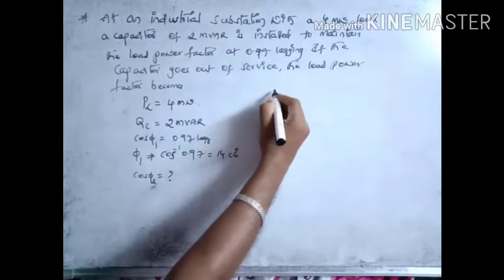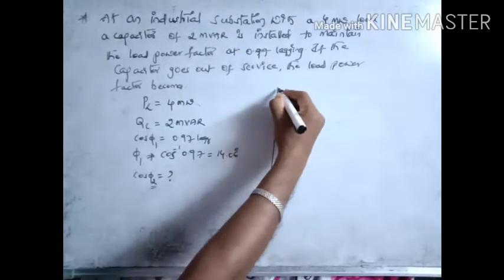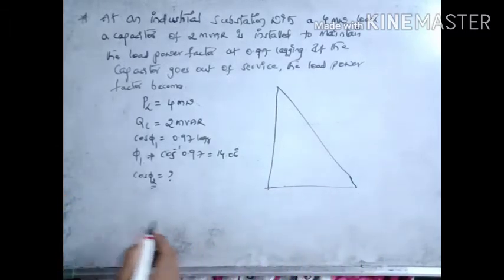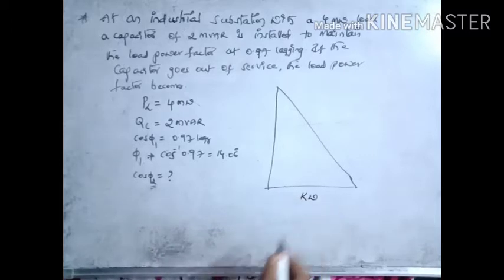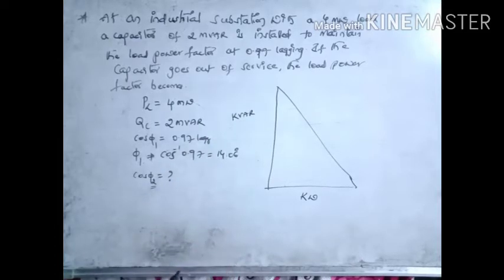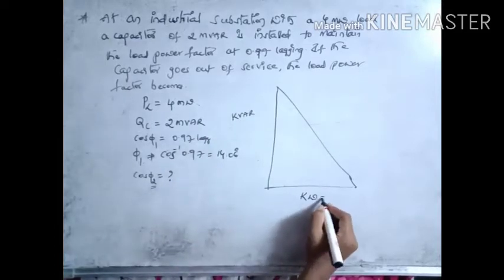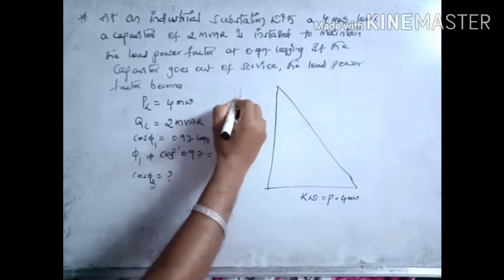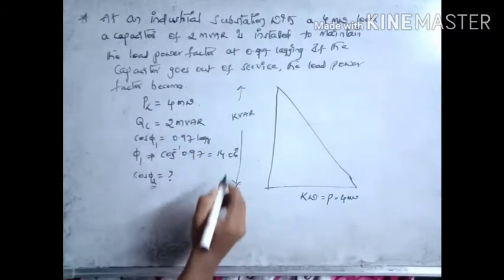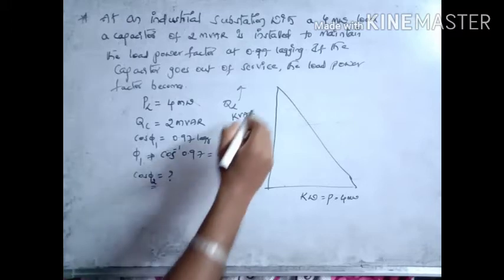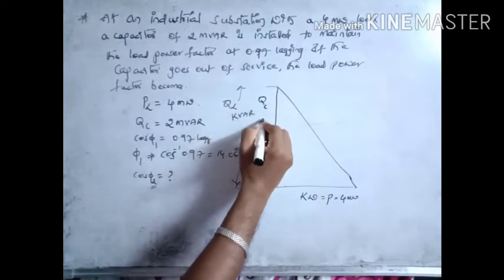So from the power triangle of the power system, kW is the active power, kVAR is the reactive power. This active power is given as P equals 4 megawatts, and the total reactive power we don't know actually. So let us suppose I have taken it as QL, because the capacitive reactive power is inserted, which is taken as QC.